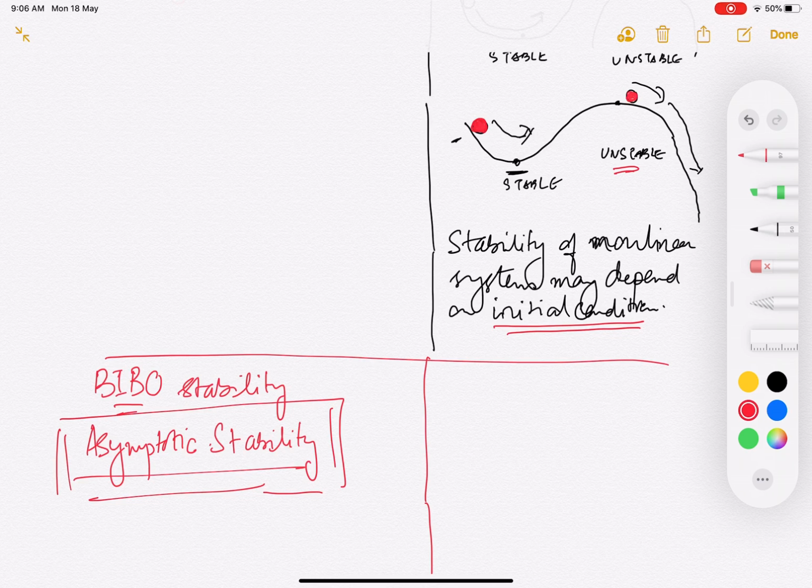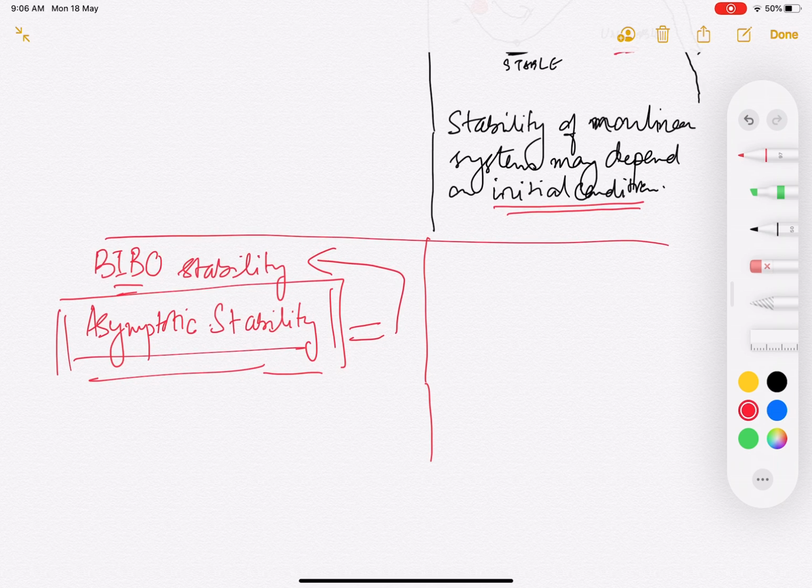Now, BIBO: if a system is asymptotically stable, it automatically implies that it is BIBO stable. So for a linear system, asymptotic stability implies BIBO stability. But this is not necessarily true for nonlinear systems, right?